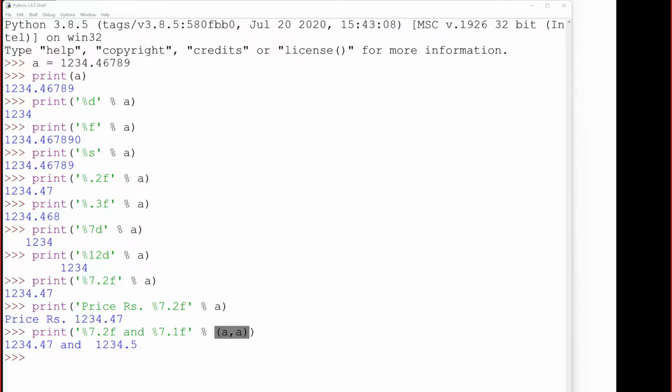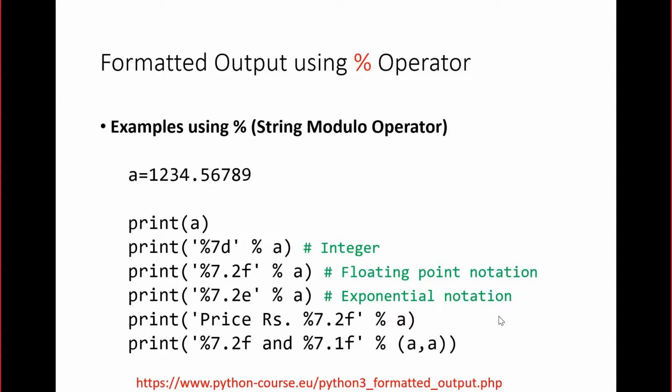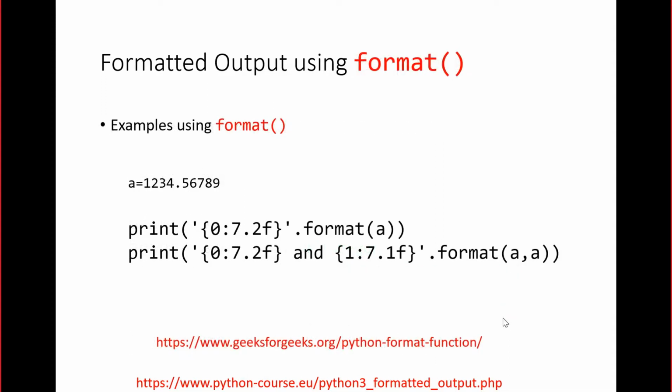Let me talk about another way of representing the output. So this time we are going to discuss the second method. First method, use of modulo operator. Yes, next one you can use format. The second one is we call use of format function.